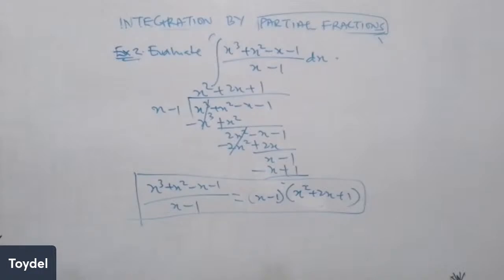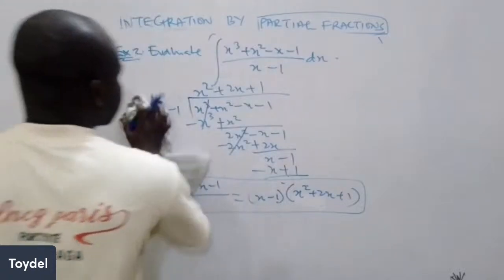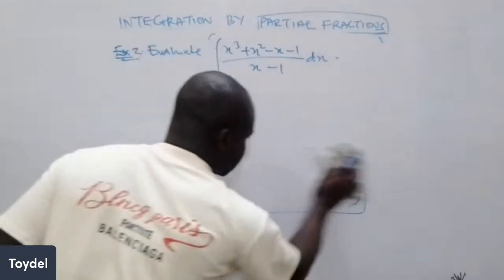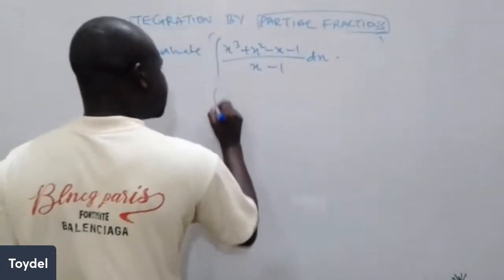So we go ahead and replace this. This is a factor of this. That is what I'm going to do now, since we have taken note of x squared plus 2x plus 1. So I will now say this is the same thing as the integral.